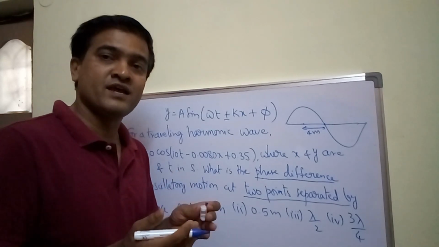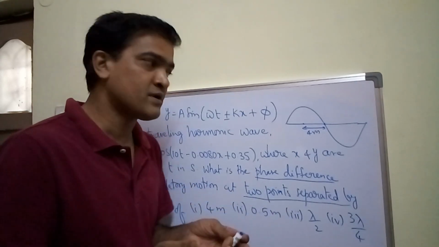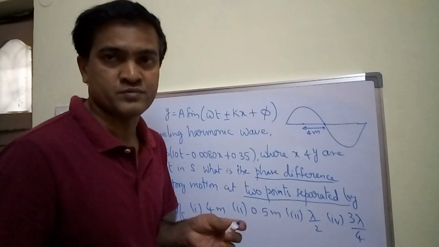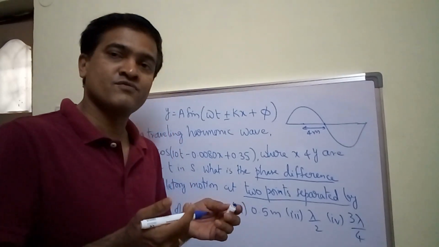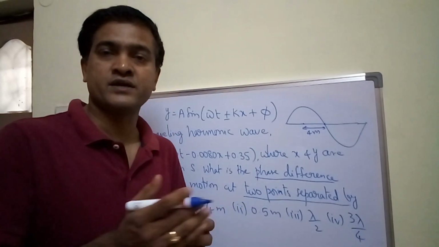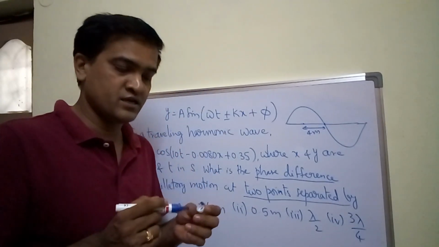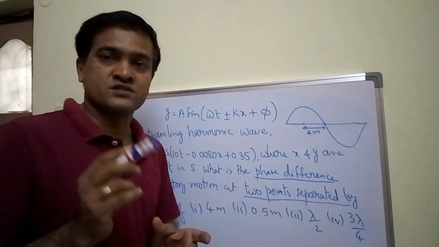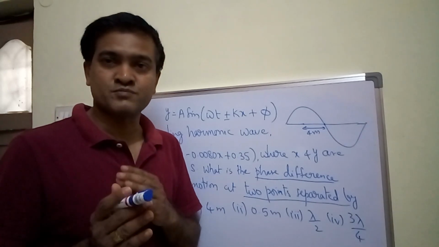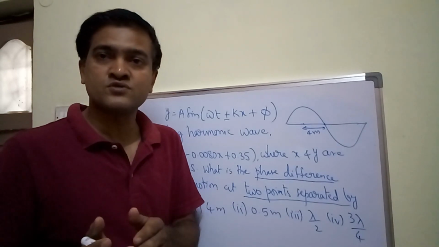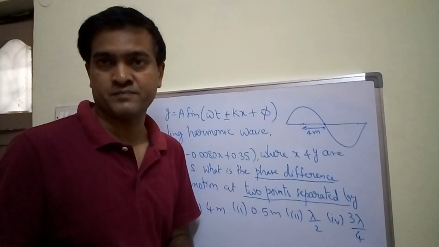You know the relation between phase difference and path difference. Just now we discussed it in the previous session, I guess. So delta phi is equal to 2 pi upon lambda into delta x, right? And one more thing I forgot to tell you. The sinusoidal wave can be expressed in terms of either a sine wave or a cos wave.